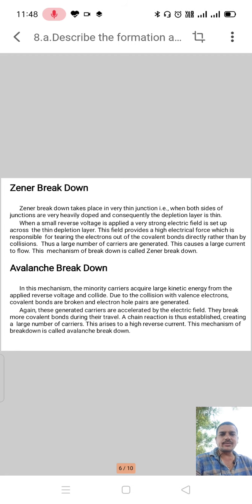When a small reverse voltage is applied, a very strong electric field is set up across the thin depletion layer. This field provides a high electrical force which is responsible for tearing the electrons out of the covalent bonds directly rather than by collisions. Thus, a large number of carriers are generated.